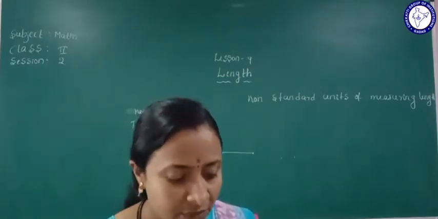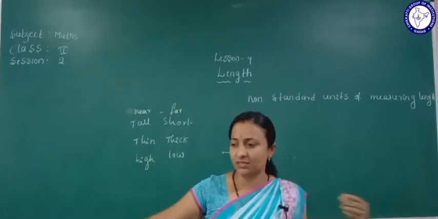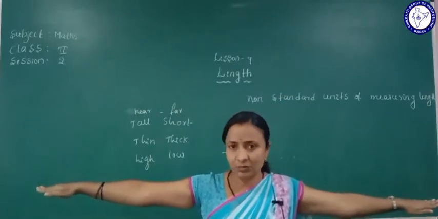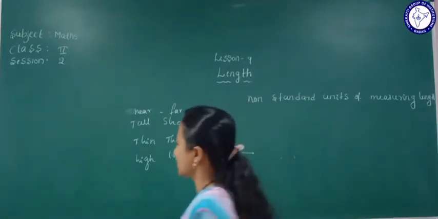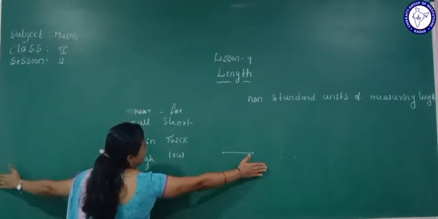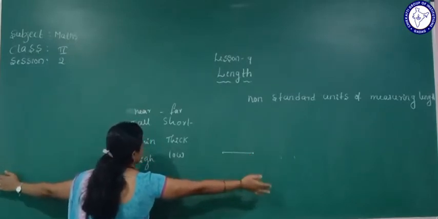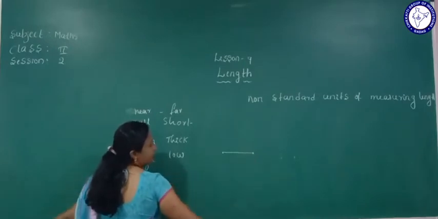Okay, next we understand 1 fathom. We call this up to here 1 fathom. I'll measure the blackboard for you, from the edge to here. So this is 1 fathom.